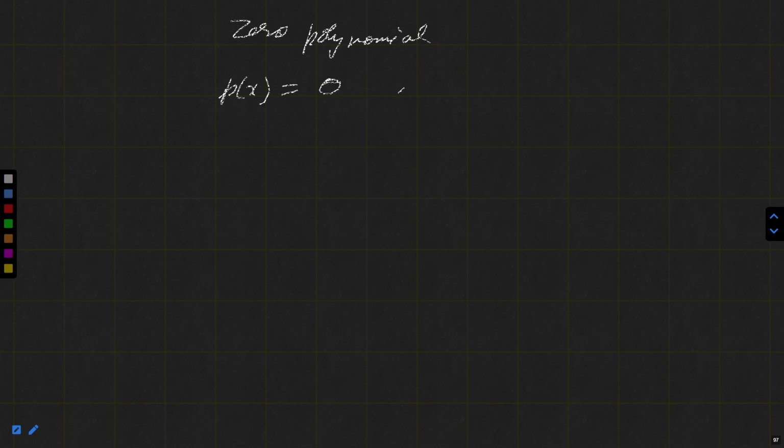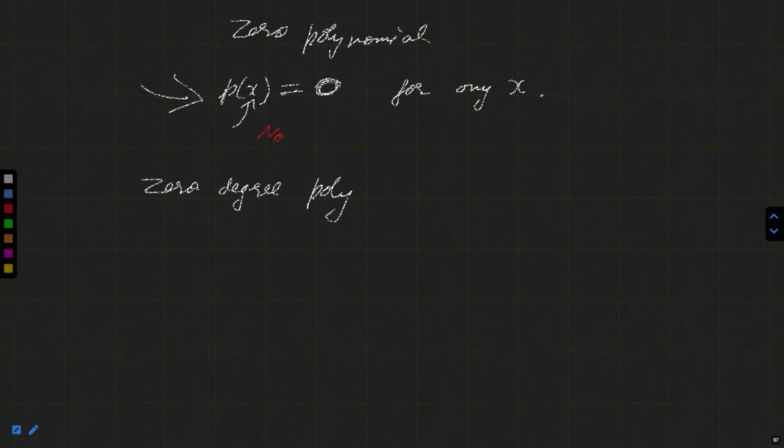For any x we want, if you put any value for x, you will only get your answer as 0. I hope this is clear. Now a zero degree polynomial. Also note that in the zero polynomial, the degree cannot be determined.